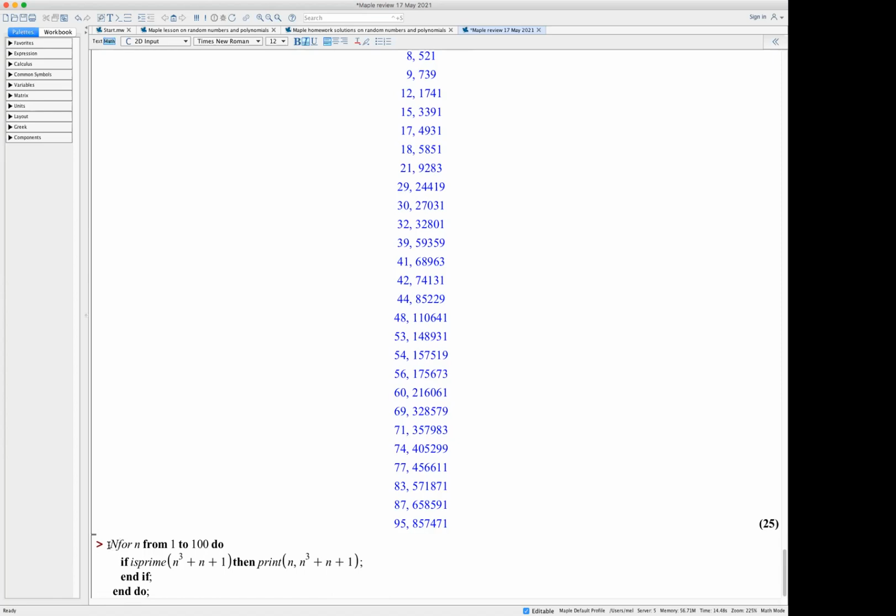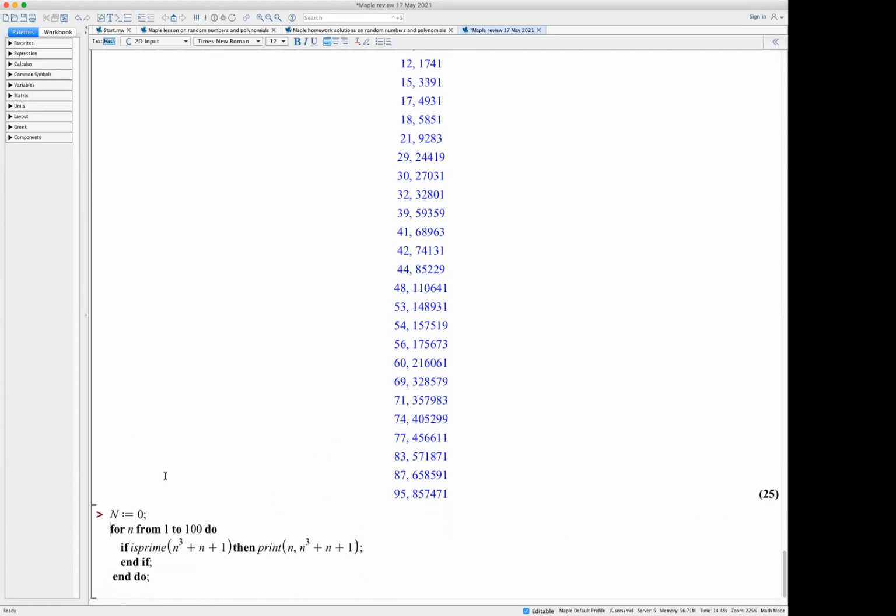I'll call it capital N. So in the beginning, I set it equal to 0. And so now here's what my program should do. If n cubed plus n plus 1 is prime, then increase this number N by 1. That is, write N equals N plus 1. So now every time this is a prime, I add 1 to this counting number.